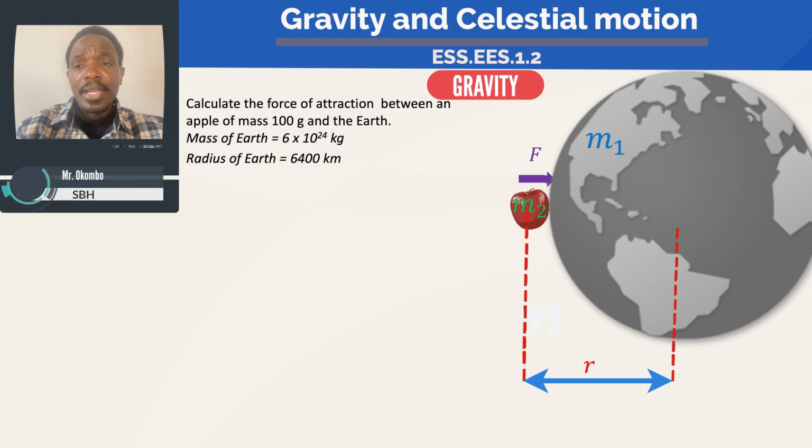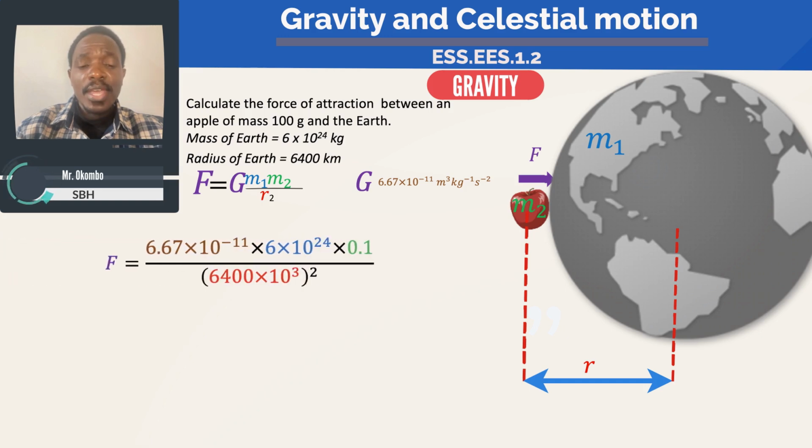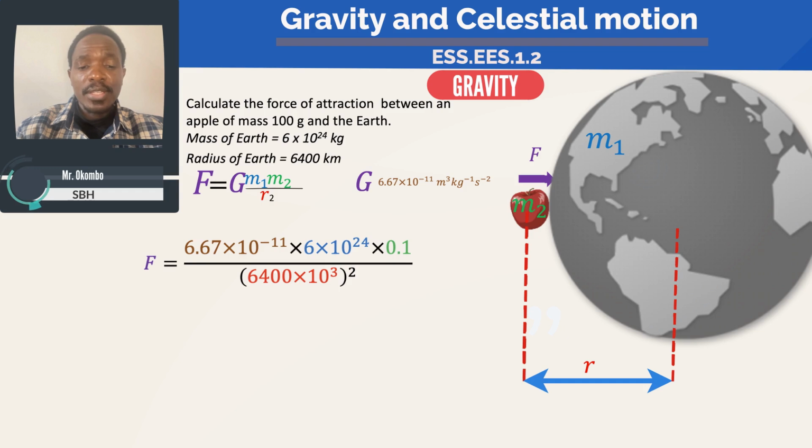We start by writing the formula first. F equals G multiplied by m1 times m2 divided by r squared. Substituting these figures, we end up with F equals 6.67 times 10 power negative 11 times 6 times 10 power 24 times 0.1 divided by 6,400 times 10 power 3 squared.